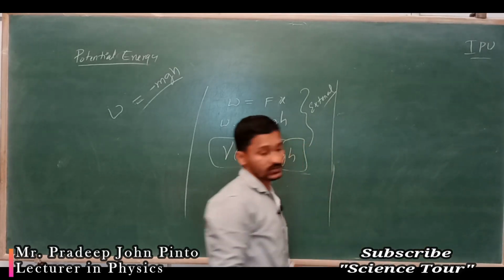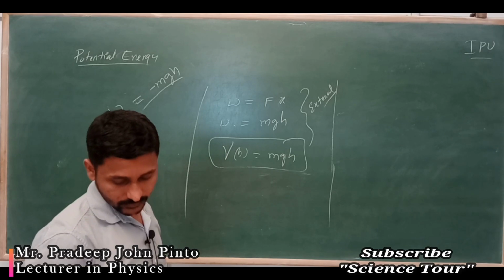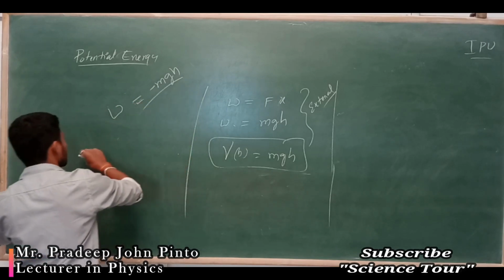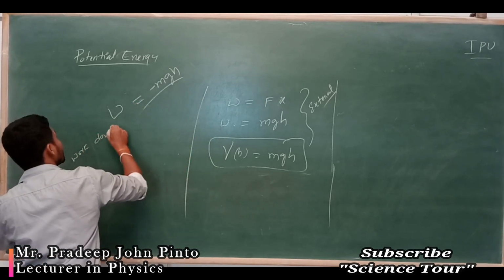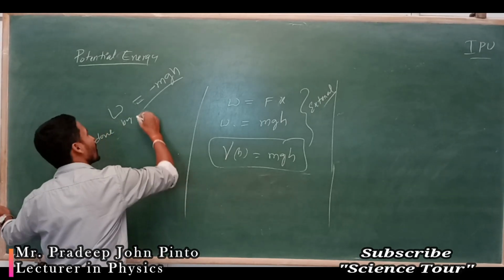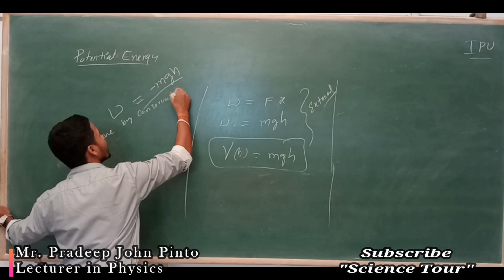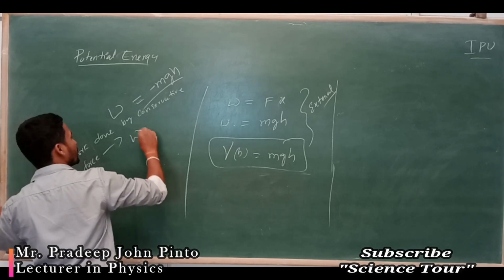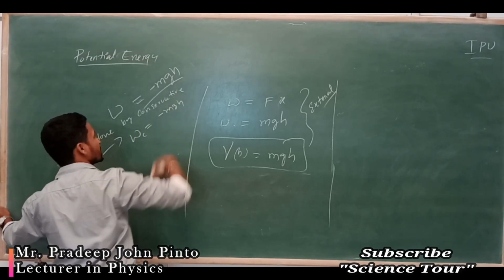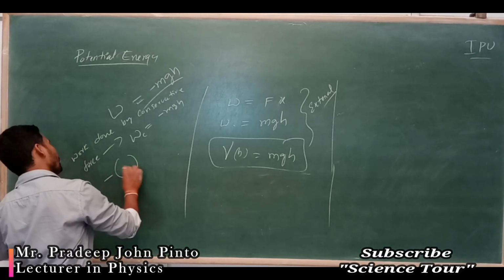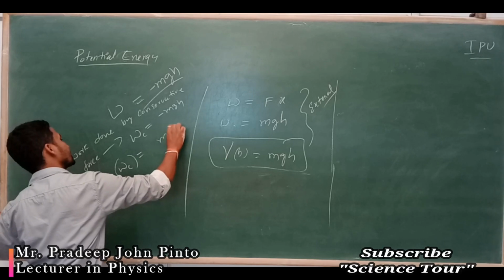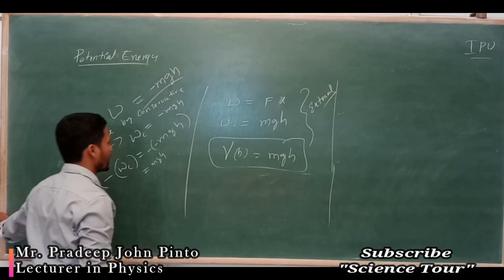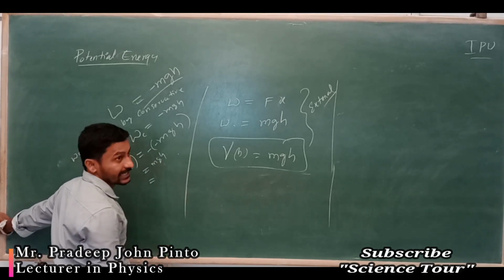Now this is the potential energy we got. And the negative of this is nothing but the work done by the gravitational force, or I can say the work done by the conservative force.